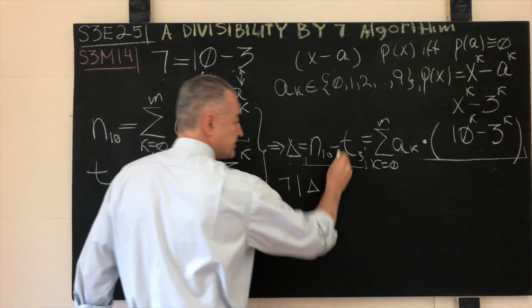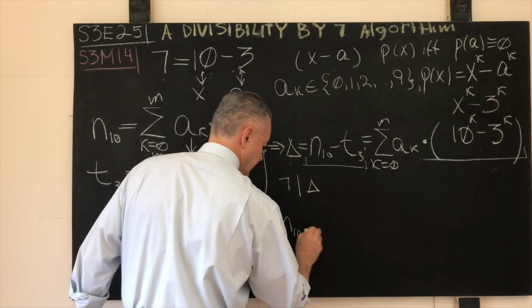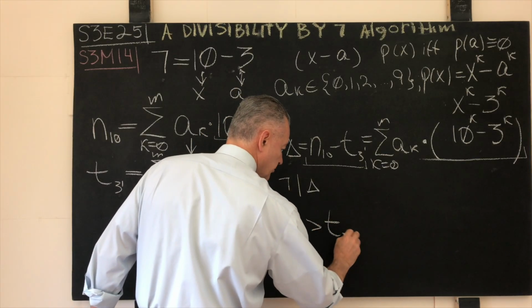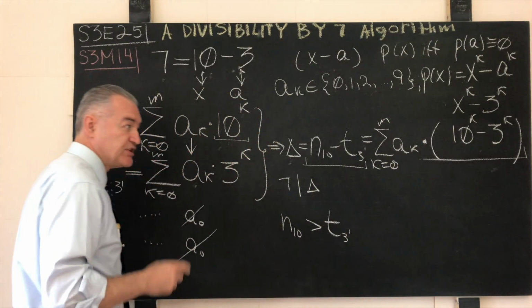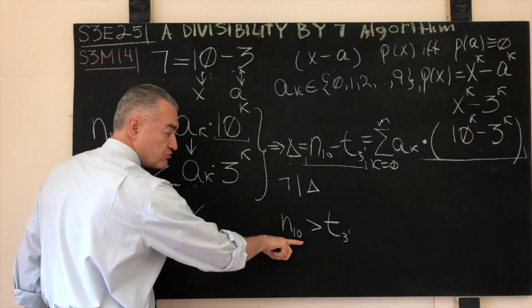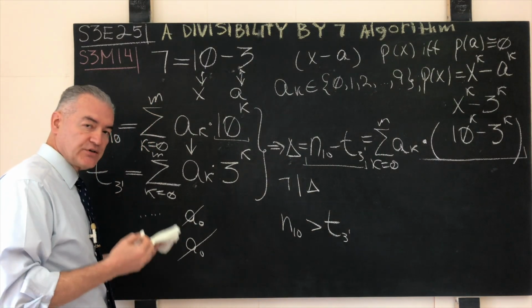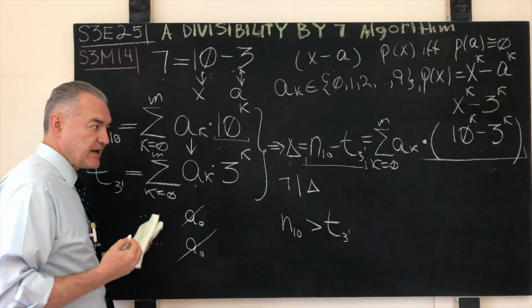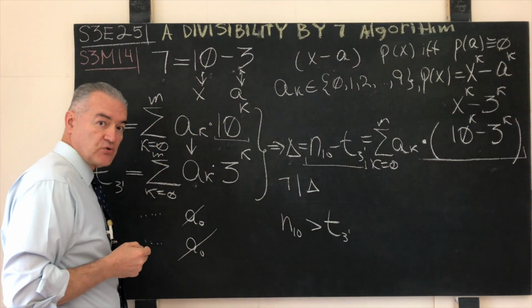Well, this number over here, let's put it this way, number n10, in general, the number t3 prime will be smaller than the original difficult to solve problem. And that is how we capture the heart and soul, or the technical essence, of the scope reduction or reduce and conquer problem solving approach.